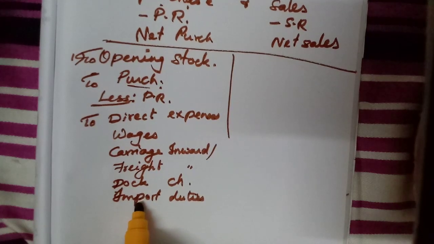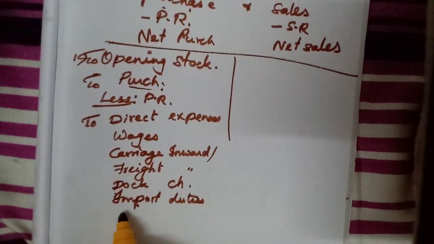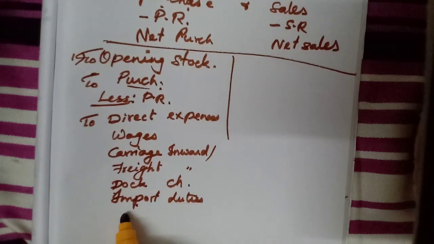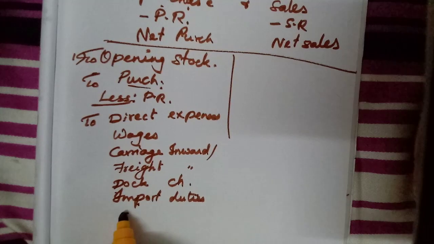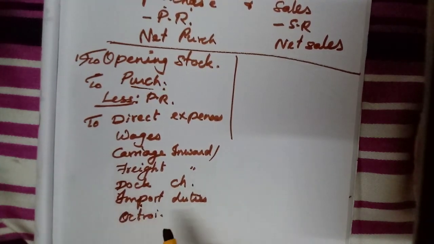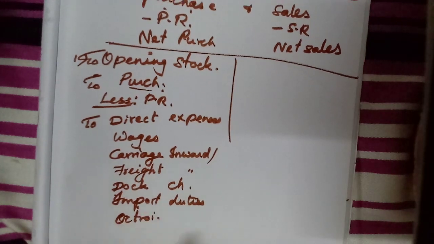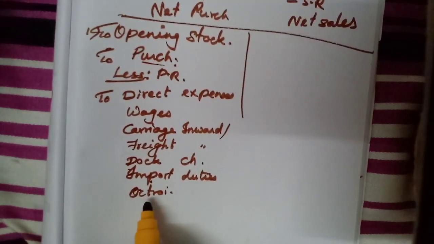Then some goods, if we bring into the municipal area, for that we have to pay one amount. That is called octroi. To bring the goods into the municipal locality, they have to pay one tax, that is called octroi duty.